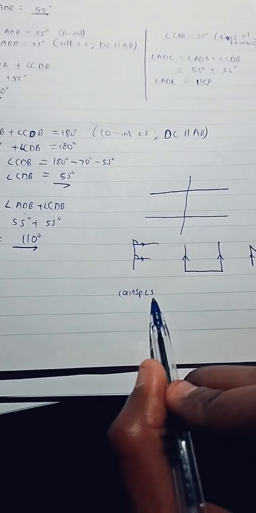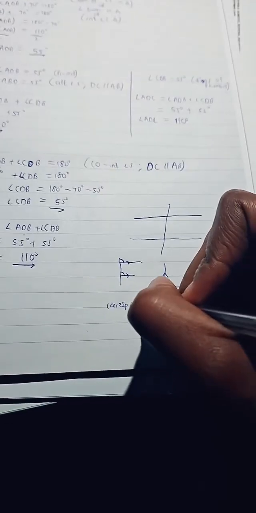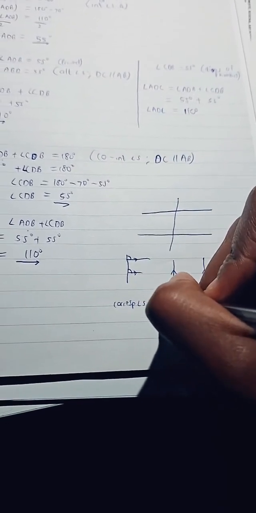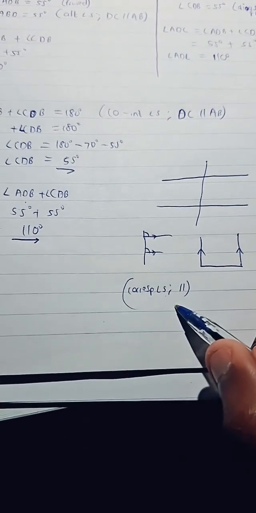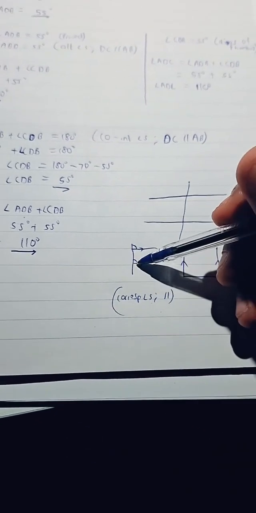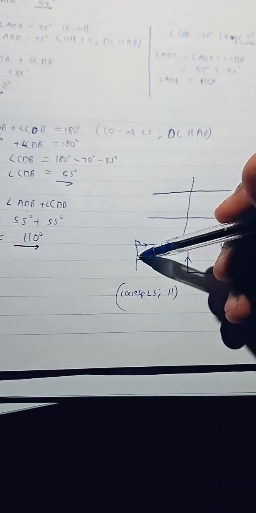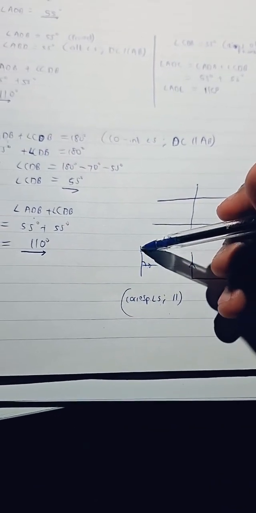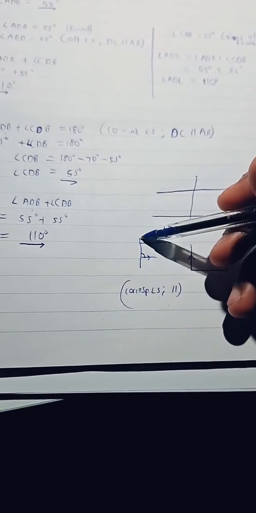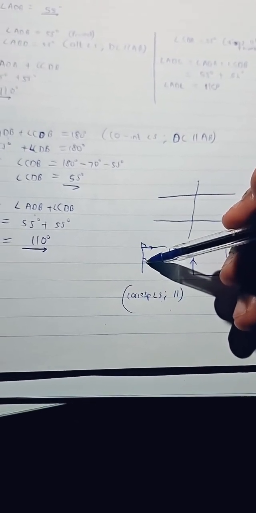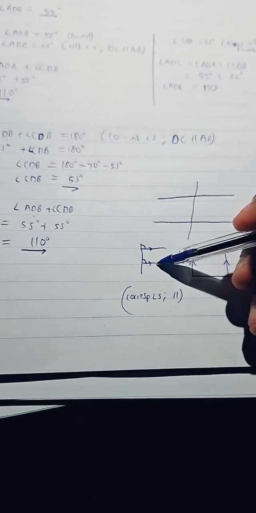And whenever we write the reason for corresponding angles, we need to write corresp angles and then state the lines that are parallel. So the angle on top of this line here, formed on one side of what we call a transversal line. This angle here on top of this parallel line.